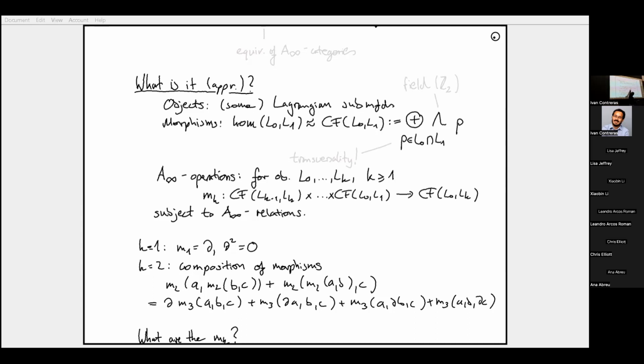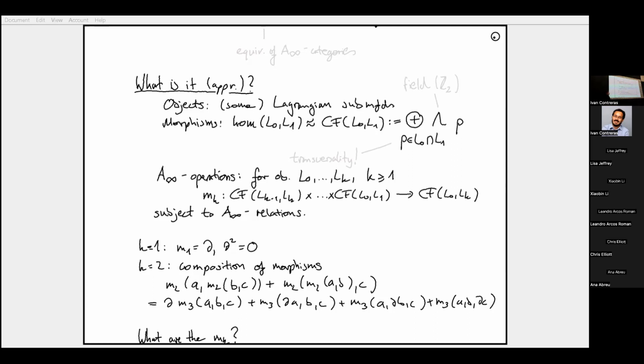Starting at L0, we first have a morphism that goes from L0 to L1. The next one would be L1 to L2, and so on, until L_{k-1} to L_k. The result of this composition operation is then in the morphism space from L0 to L_k.